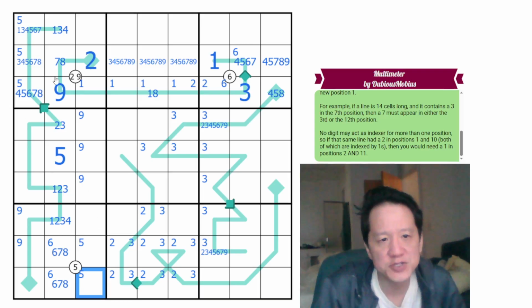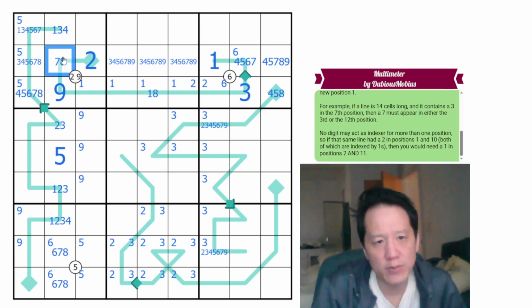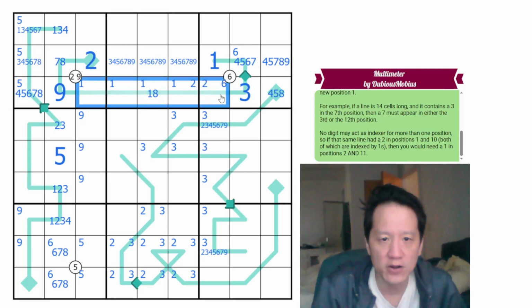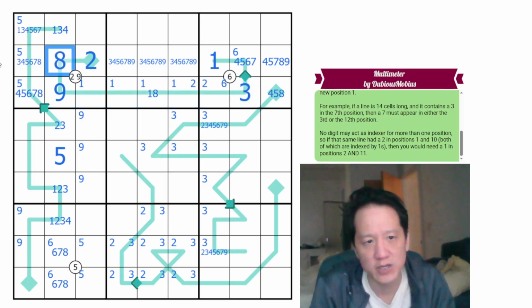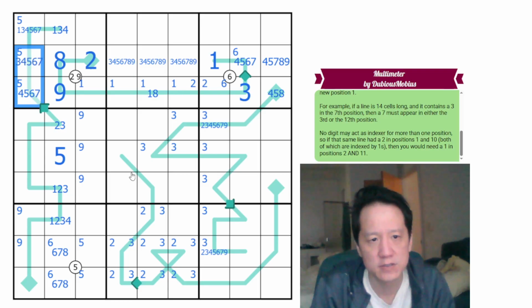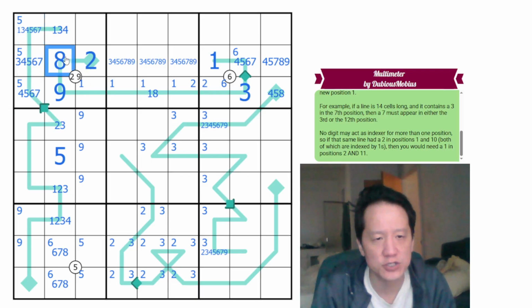Okay, if this is 7, the problem with this being 7 is that it eliminates 7 here and all along this appendix line. And there's no 7 then possible in row 3 if that's the case. So this cannot be 7. This has to be 8, which means none of these can be 8. Therefore, that's saying in the 8th position there's a 2. So this has to be a 2, which means this can't be 2.